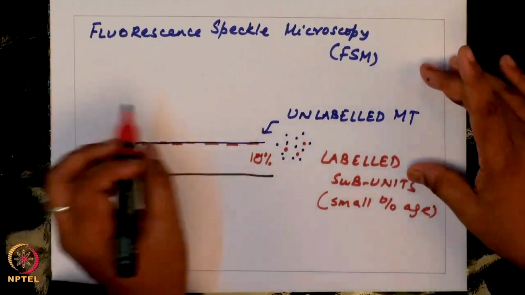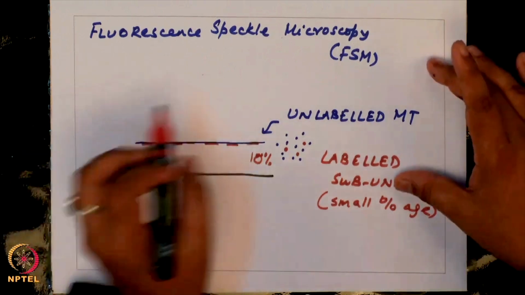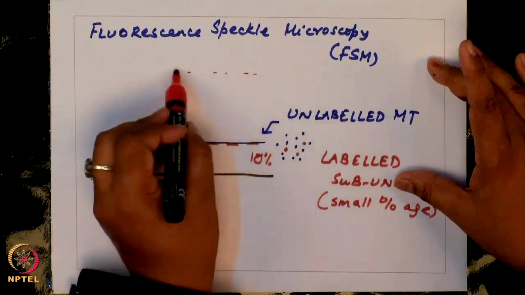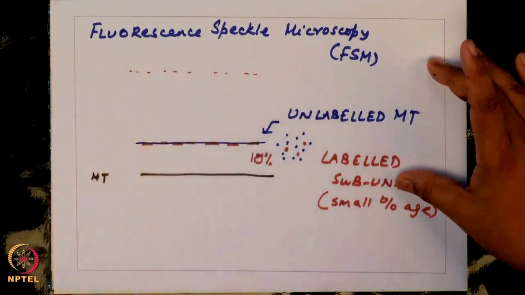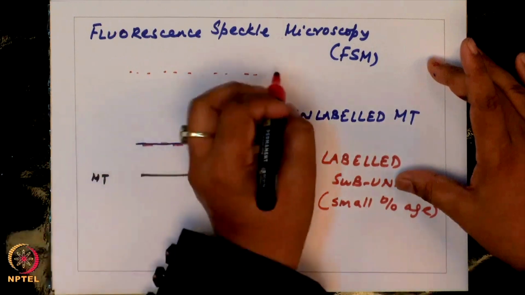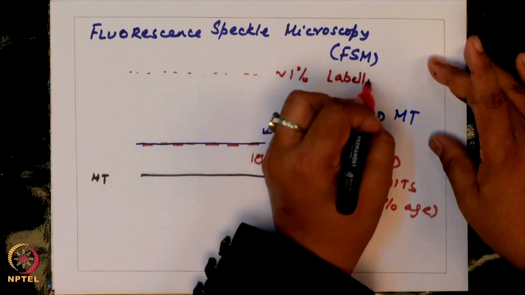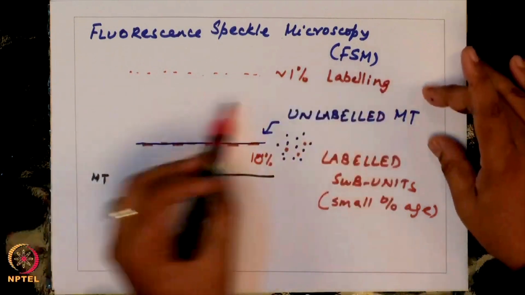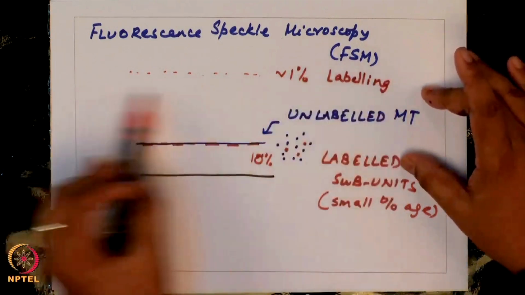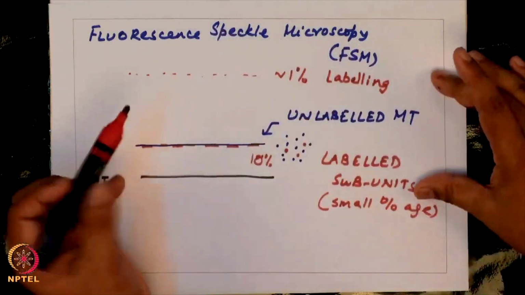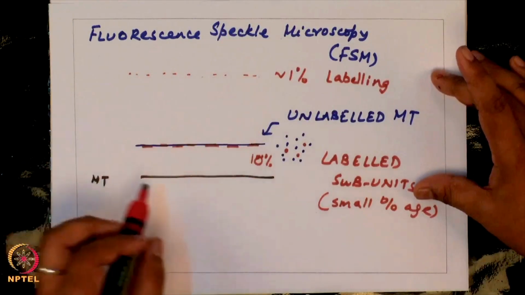But if you reduce the concentration of labeling significantly, then what you will find, let us say this is of order 1% labeling. Now you do not see the entire structure, but you can guess what that structure is. You can see multiple of these dots.